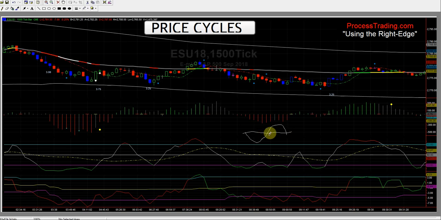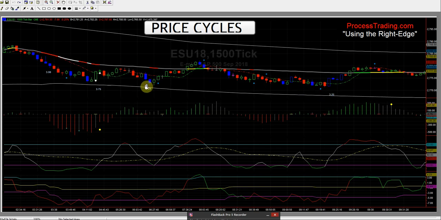So let's relate this cycle to price. Let me get rid of this. Now, in a lot of technical terminology for technical analysis, when they talk about cycles, they'll talk about an accumulation phase and then a distribution phase, and they'll call that a cycle.